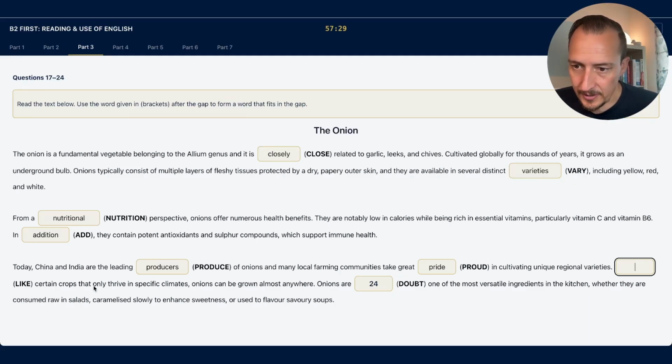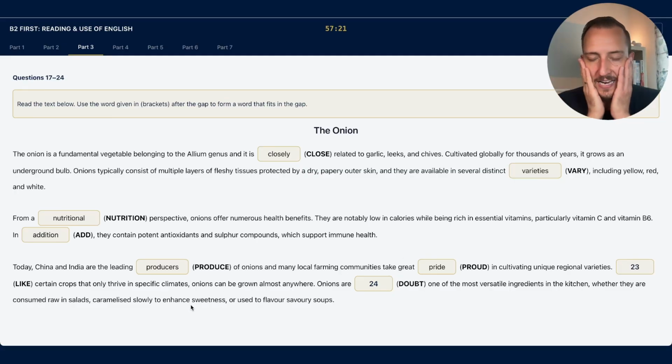next up: like certain crops that only thrive in specific climates, onions can be grown almost anywhere. Okay, so what we've got here, like, is another really interesting one because there are so many transformations this can take. You can have unlike, alike, dislike, likelihood, likely, likeliness, so many basically. So what do we need here? Because it's at the start of the word, it's a contrast.